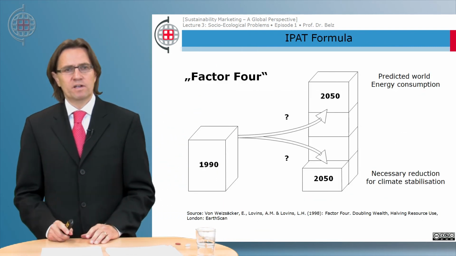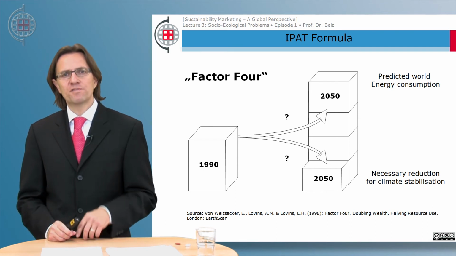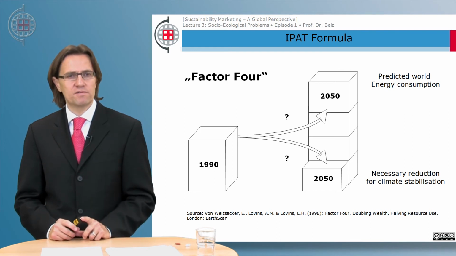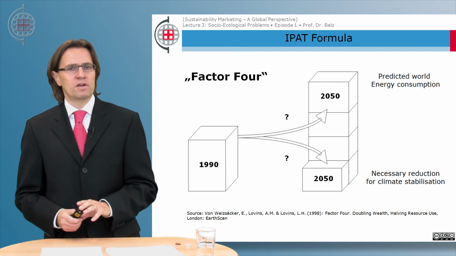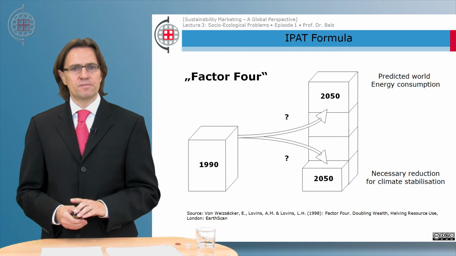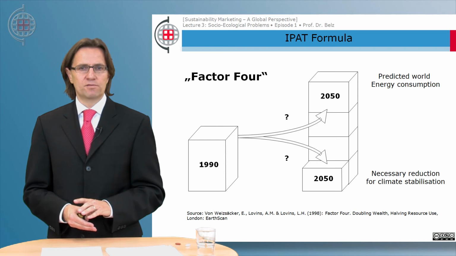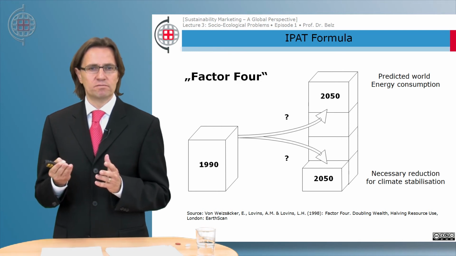Some argue that we need new technologies, environmental technologies. We have to improve our energy efficiency and resource productivity by factor 4, as shown in this exhibit. You can see a certain level of energy and resource materials in 1990, and then the estimated energy and resource consumption in 2050. The question is, which path will we go?